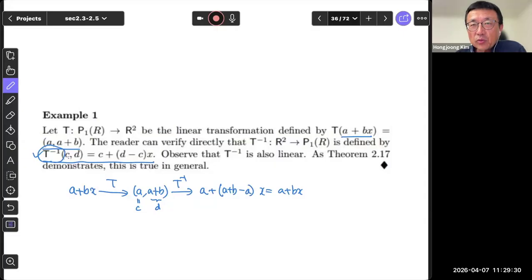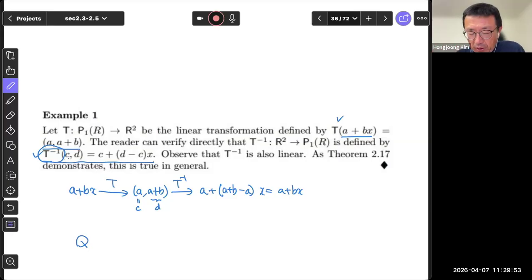The question will be then, if I do not give you this second mapping, and I give you only T, how can I find the inverse mapping? That's what many people are interested in, right? So please think about it.